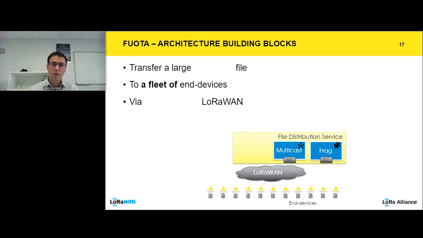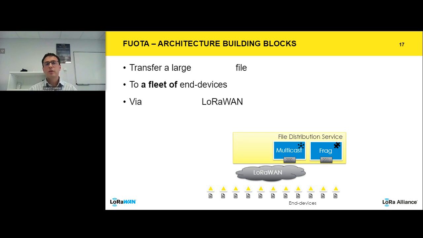As I said earlier, in the how it works part, we first configure each end device individually so that they are capable of listening to that multicast session with the multicast parameters. Multicast parameters are the timing, when the session will start, and the radio parameters, so which type of multicast we will use. In LoRaWAN, you have two choices, either class B multicast or class C multicast.